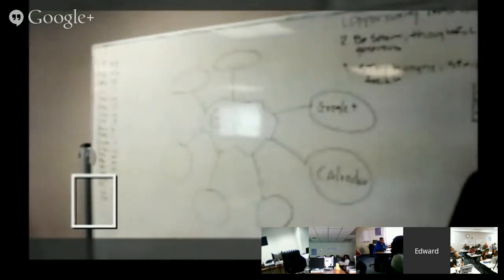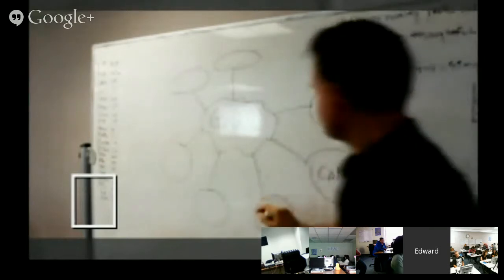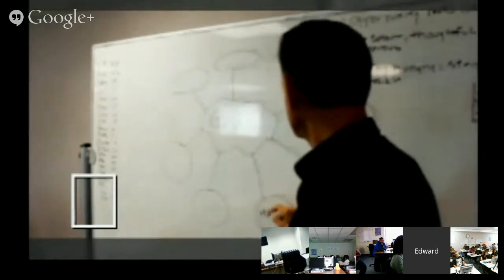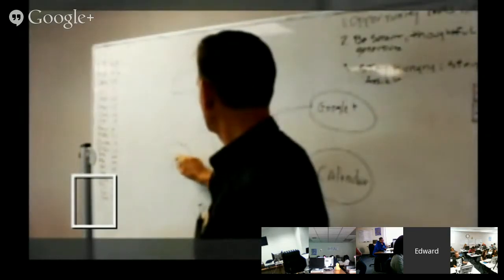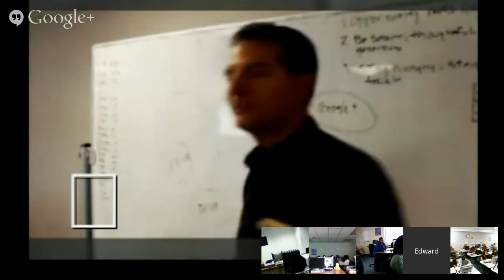Google Plus. Right. Okay, good. Now, how about here? What's another one? Maps. Drive. What else? Voice. Search. No. What's another one? There are 2 more that we do.